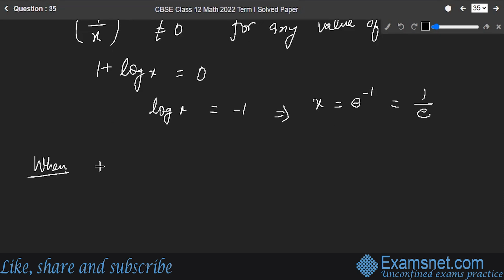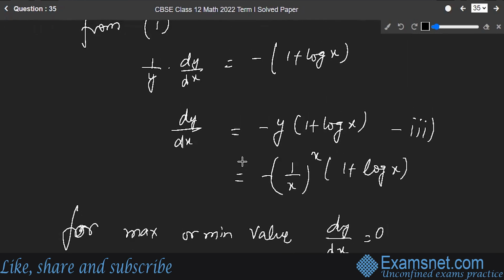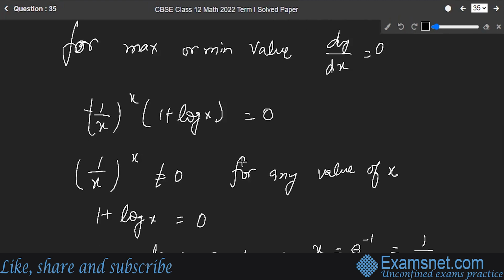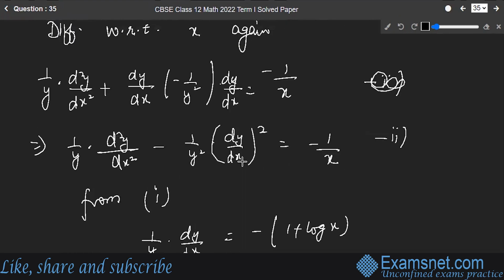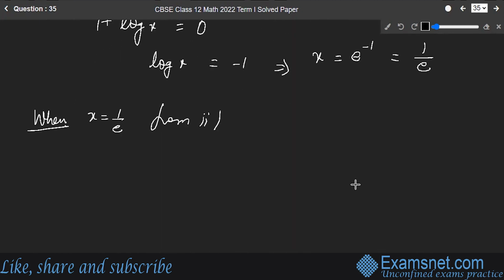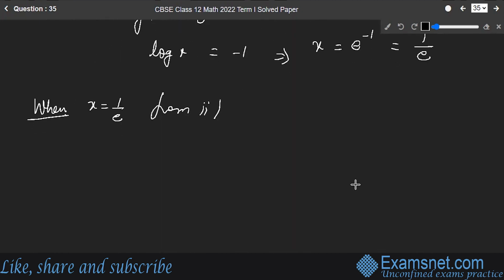Fine. Now, you have to find the maximum or the minimum value, right? When you put x is equal to 1 by e, from the second equation, let's see the equation once. Fine.